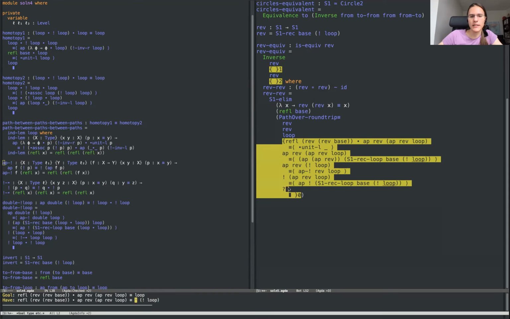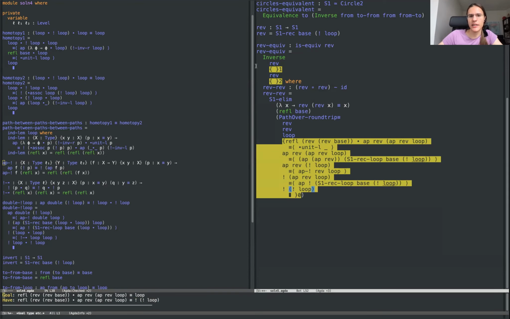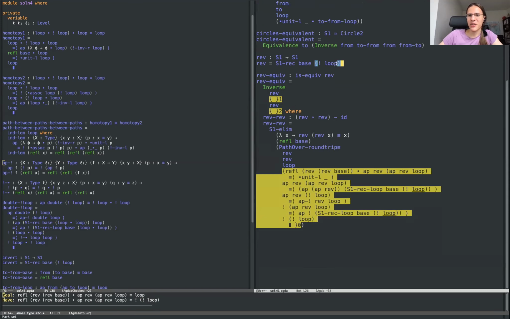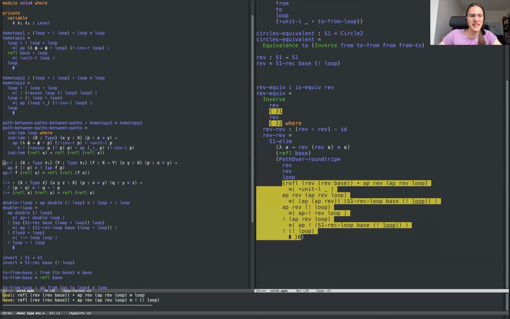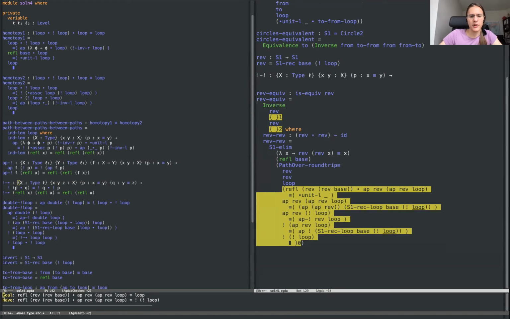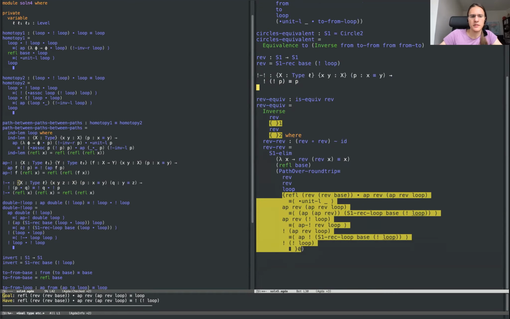Now, is not not the same as just the regular thing? Well, it's not double negation, it's double path inversion, and the answer is yes. So we're going to call this a lemma, not not. And then we're going to say for every type and every path in that type, we have that not not P is P. And how are we proving this?